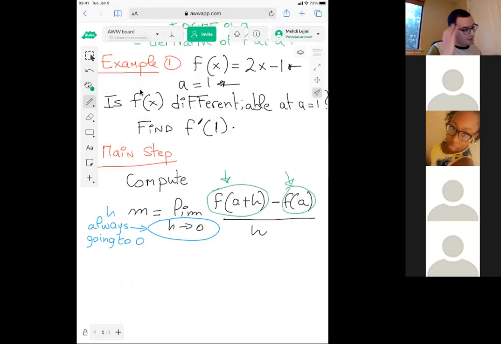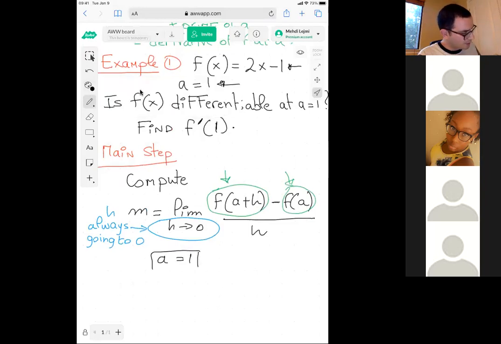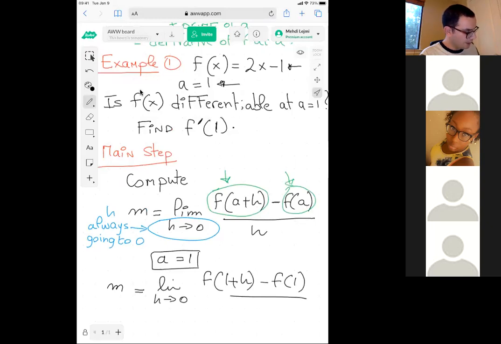First, I'm going to start with f of a plus h. In the problem, a is 1, so I have m, that's the limit as h goes to 0 of f of 1 plus h minus f of 1, over h, because my a is 1.